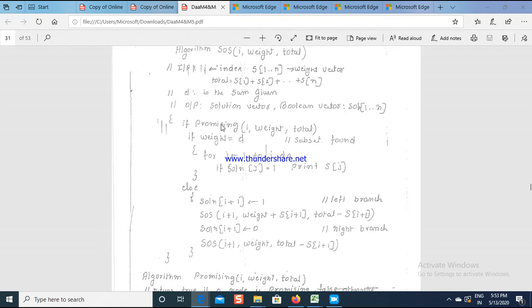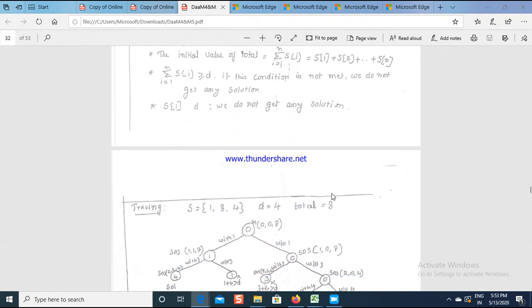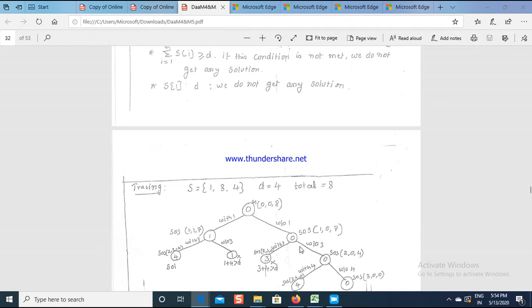Now I am calling the function promising, passing the same parameters: index, weight and total. So what will this promising function do? The promising function will give you the information about whether to continue or to stop. That means whether I have to continue with the left branch and right branch, or I need to stop here only.